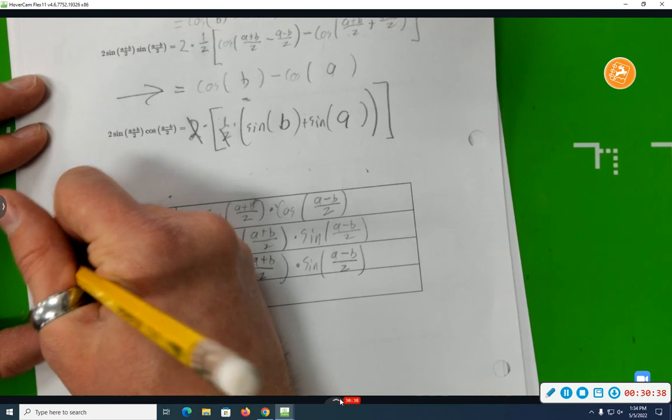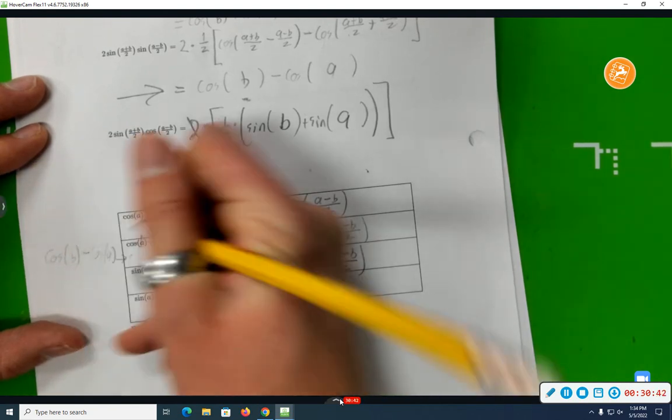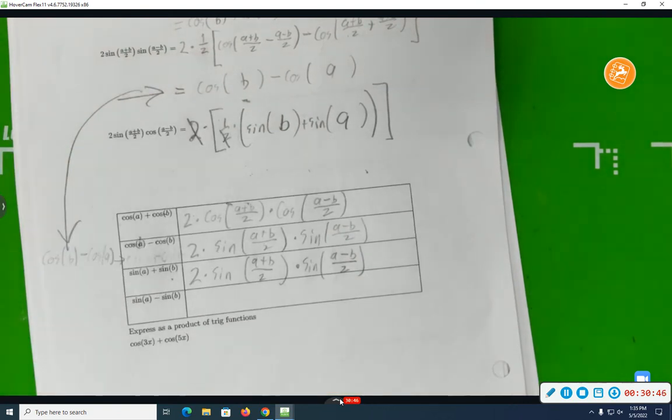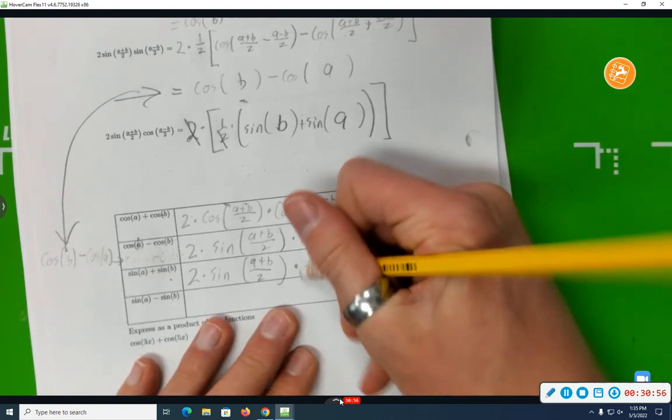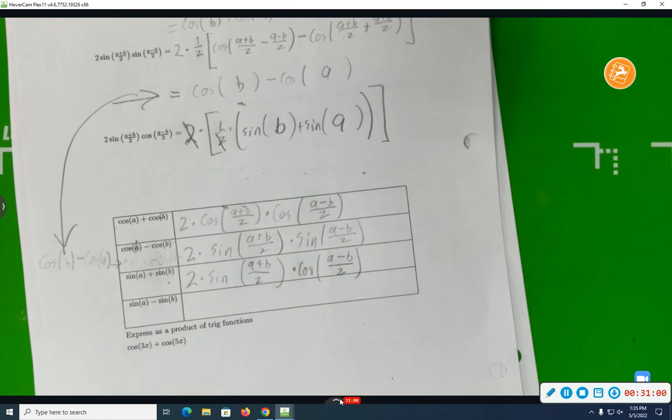So cosine of B minus cosine of A is equal to that thing. Yeah. The box should be cosine. Oh, yeah. Nice. Now we happy? Perfect.